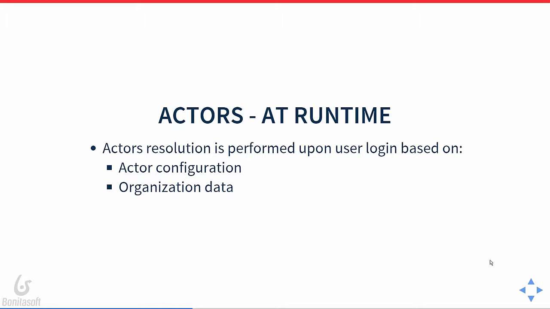When you log in, it will check if you belong to this group. If the user that is currently logged in is in the HR group with the proper role, it will flag this user with the actor name. Then it will match all the actor names associated with the currently logged in user against the pending task actor names, and present tasks based on that. So as soon as you log in, you see all the tasks you can do. New tasks can come, and you will see them right away when you log in.